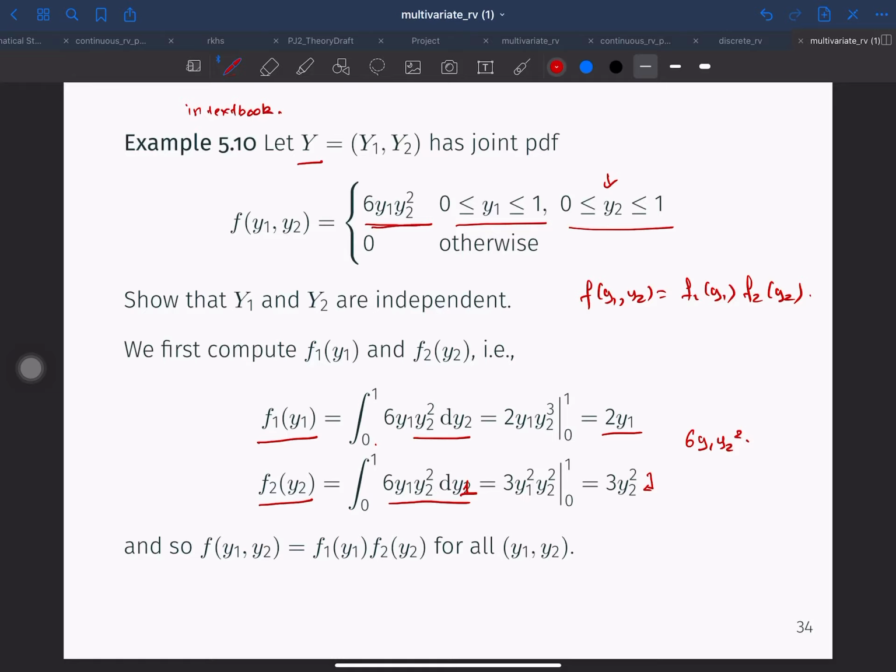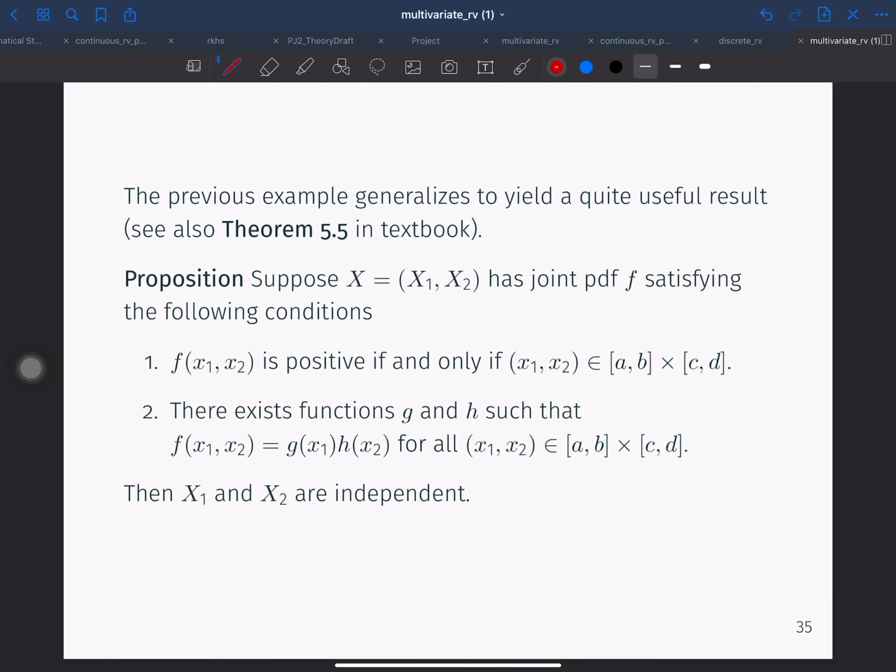So this result here can be generalized to yield a quite useful result. See theorem 5.5 in your textbook. In particular, if you have continuous random variables with joint PDF f, then if f satisfies the following conditions. First is that f is positive only when x1 and x2 are in some rectangle from a to b times c to d.